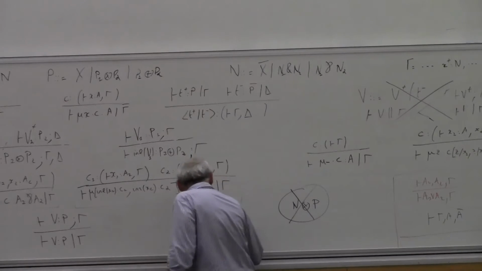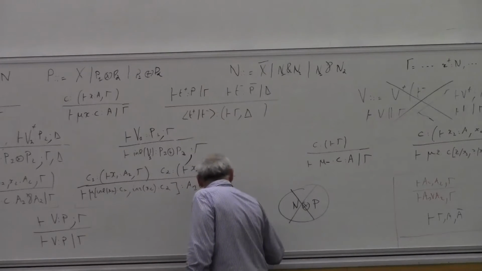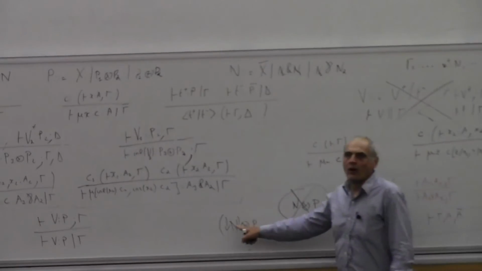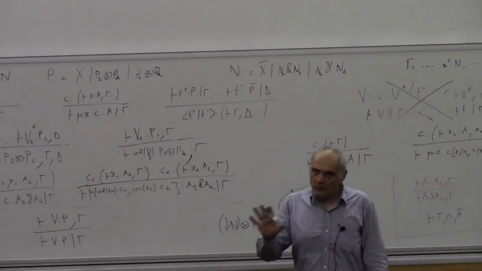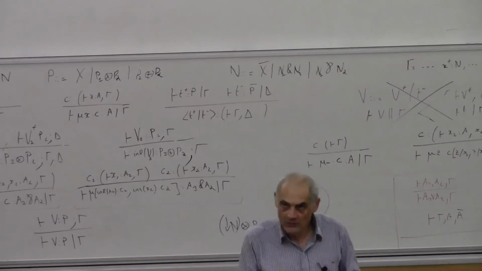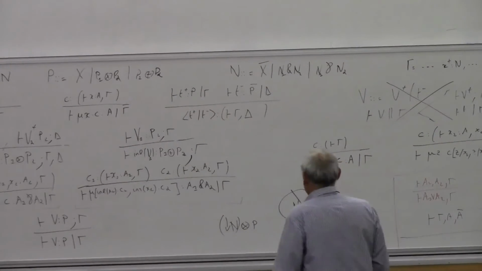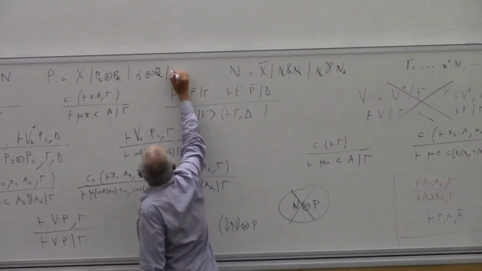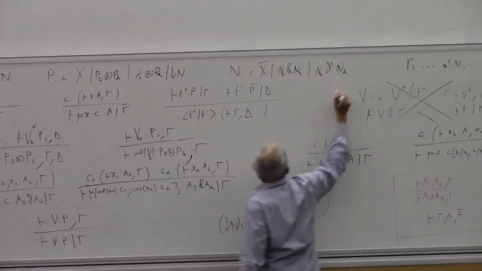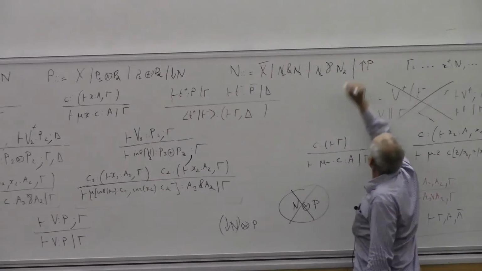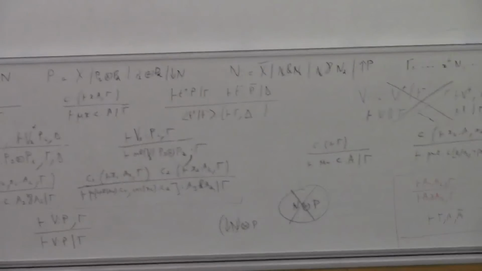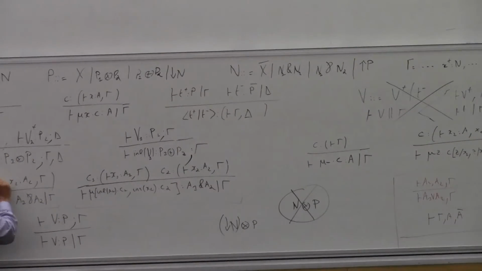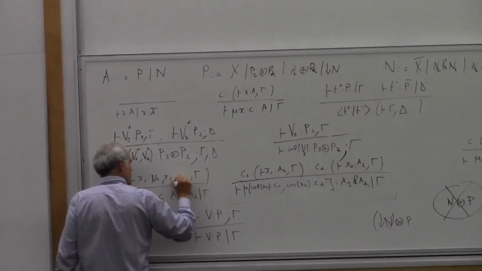I will write explicitly down n tensor P. So I will introduce two modalities, not to be confused with the modalities of linear logic, because they don't play the same role, which are downshift and upshift. Okay. And I need to give you now the rules for these two connectives.